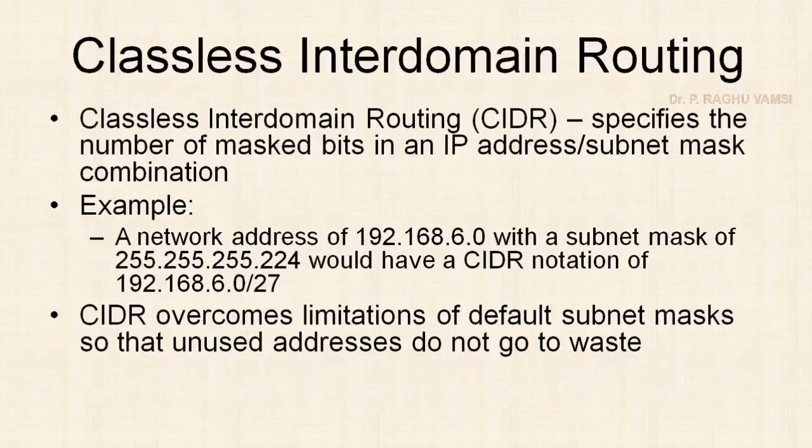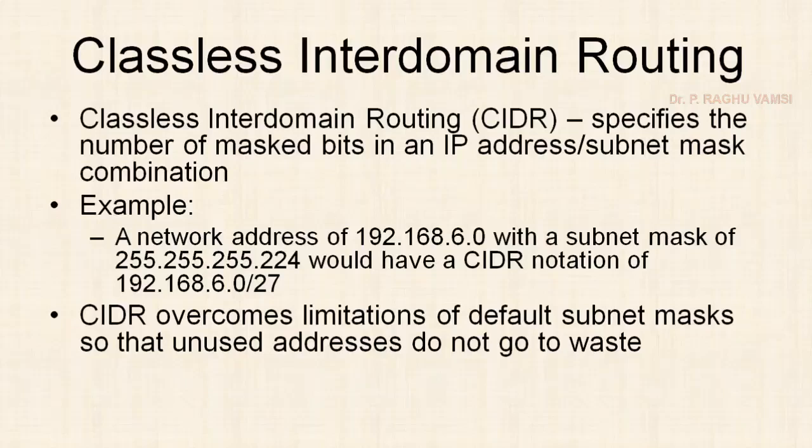Next is classless interdomain routing. Is it necessary to always write the subnet mask? Whenever you write an IP address, you are supposed to mention the subnet mask for that, otherwise it's of no use. It is a big problem for everyone to write a subnet mask every time, like 255.255.255.224.